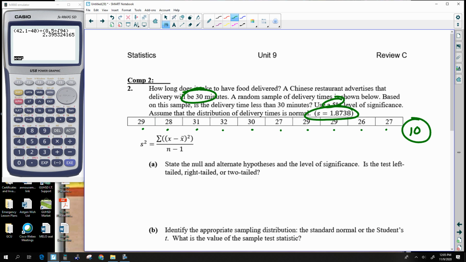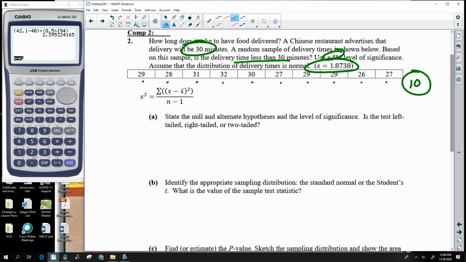Okay, is it? And then I want to know, is it less than 30 minutes? They said that the food will be there in 30 minutes. All right, so the average is 30.